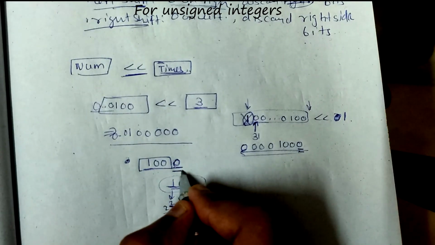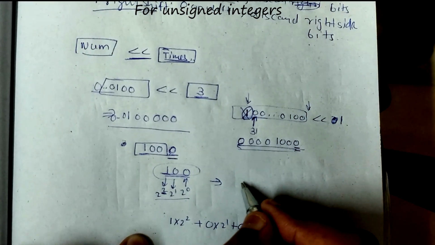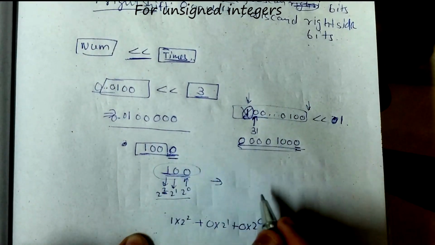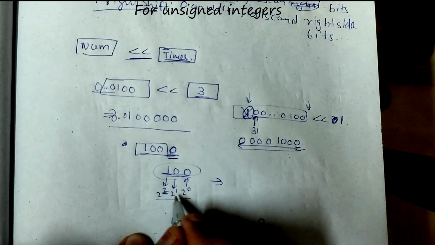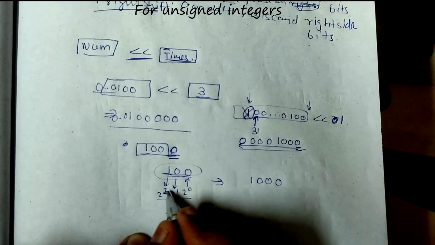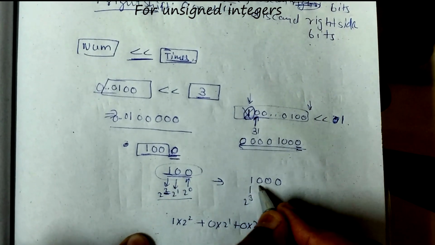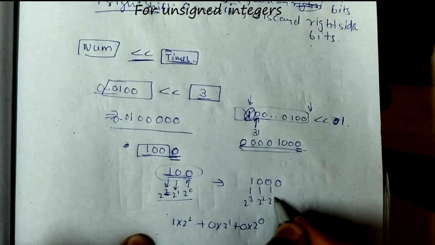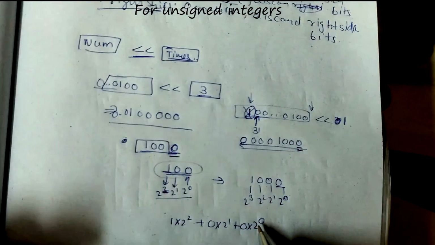After adding a 0 here, each power got increased by 1. How? Now this 2 to the power 2 is now 2 to the power 3, because now this is the 2 to the power 3.